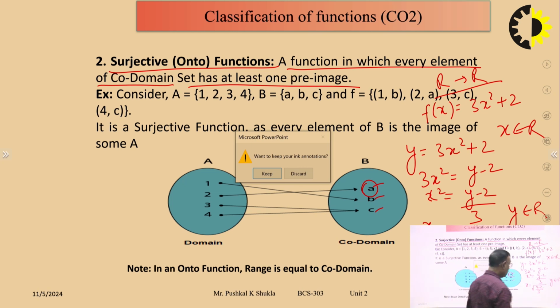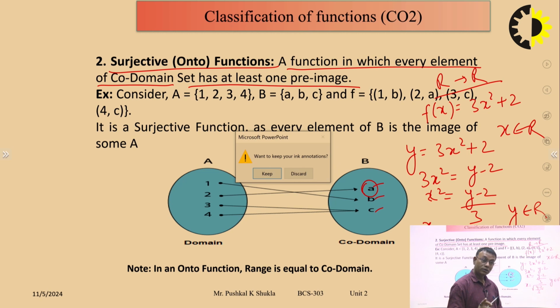For example, if y is 7, then 7 minus 2 divided by 3 is 5 by 3, which is about 1.67, and its root is approximately 1.3, which is a real value.